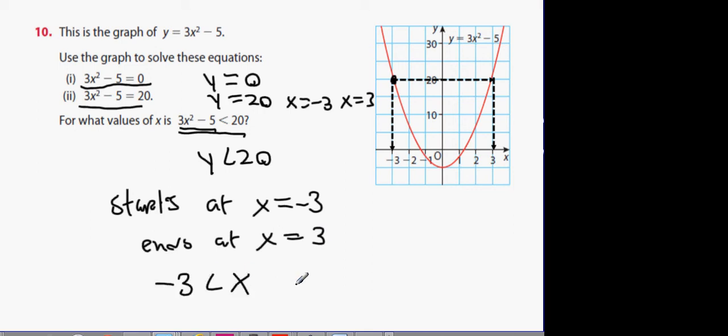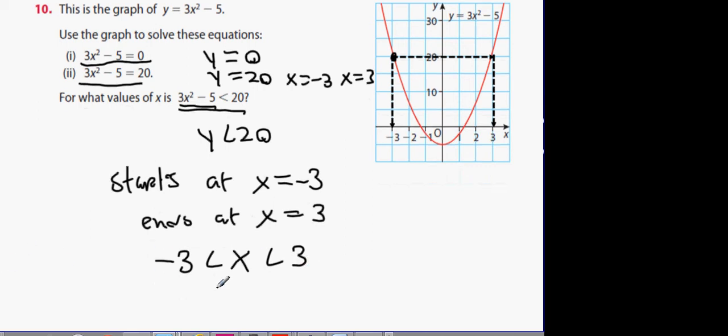Minus 3 is smaller than x, x is smaller than 3. Anybody give me another way of writing it? Is it or equals to? No, because it doesn't say equals to here. If it was less than or equal to 20, it would technically start at minus 3 on the dot, which means you'd have two equal signs here, but that's not the case.